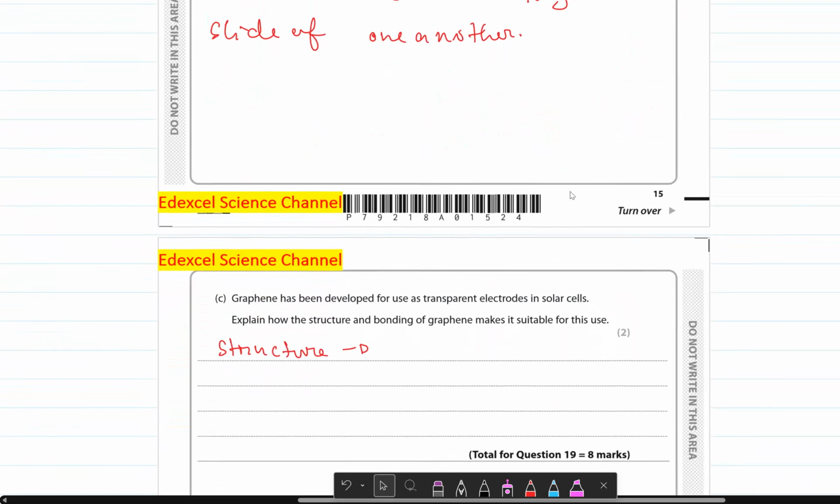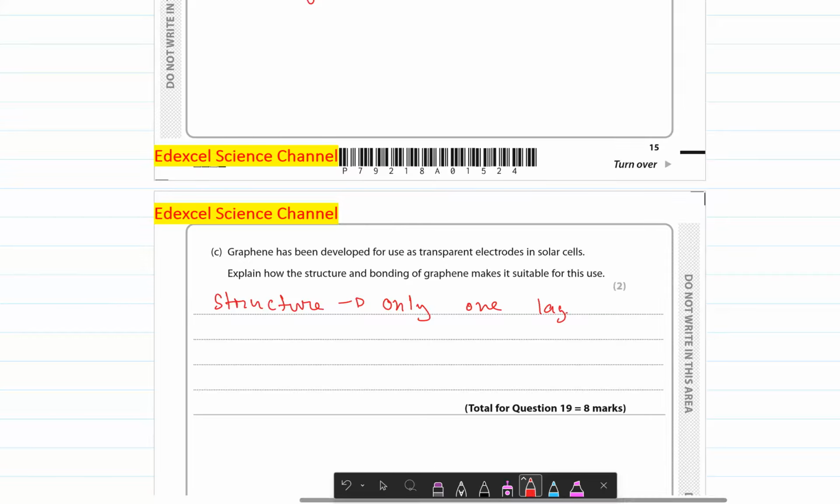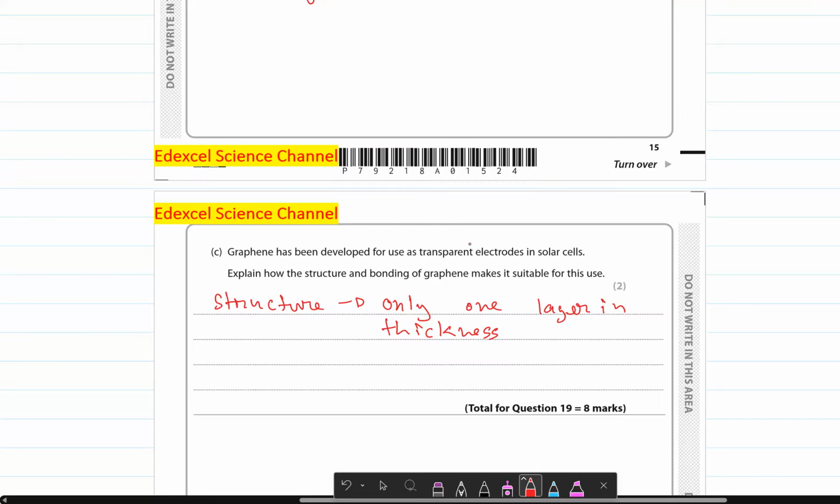Okay, now the structure is suitable for electrodes in solar cells because it is only one layer in thickness, so it will be transparent, right? We want transparent electrodes.